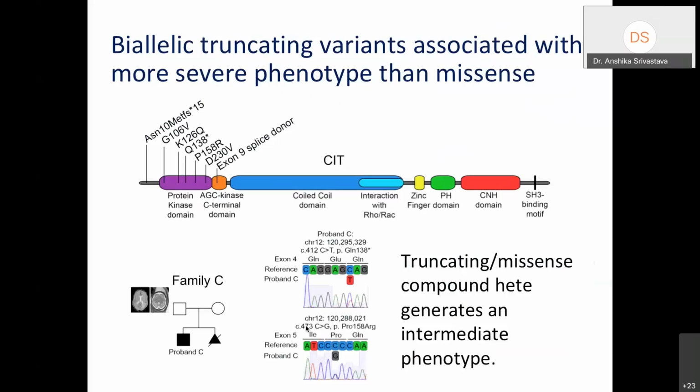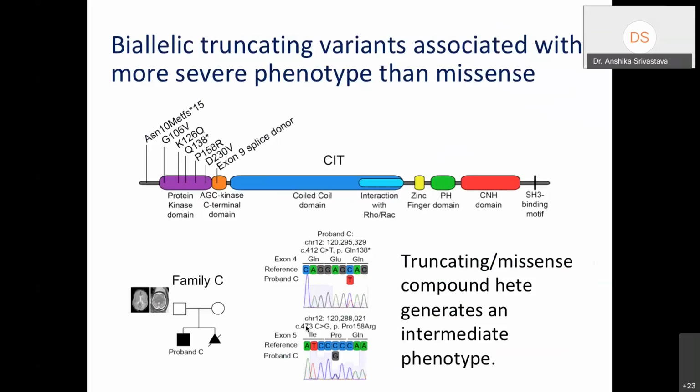So truncating and missense compound heterozygous variants generate an intermediate phenotype. Take a compound heterozygous mutation: in the citron kinase gene, exon 1 has a mutation and exon 4 has a mutation. If the exon 1 mutation is carried by the mother and the exon 4 mutation is carried by the father, then the child will have both mutations in citron kinase, in exon 1 and exon 4.